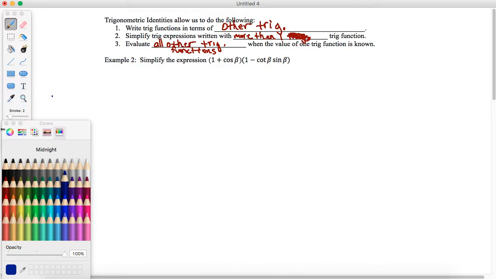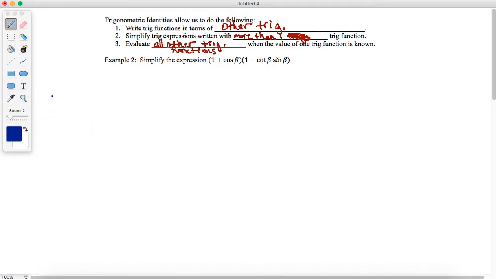To simplify this expression, the only thing I could do is try to multiply, but you're going to have to start taking a step back and seeing if you see any identities that you can use. One place where I can see an identity is right here with this cotangent function, especially since it's multiplied by a sine.